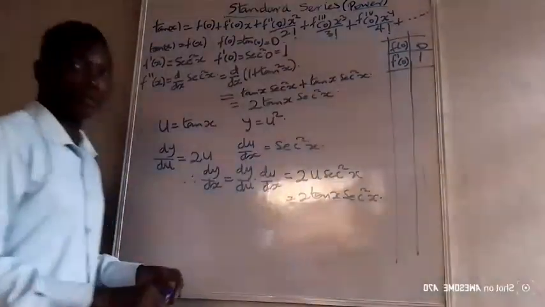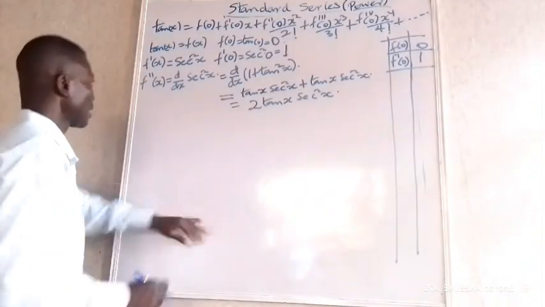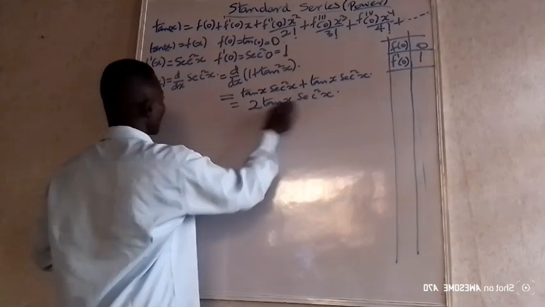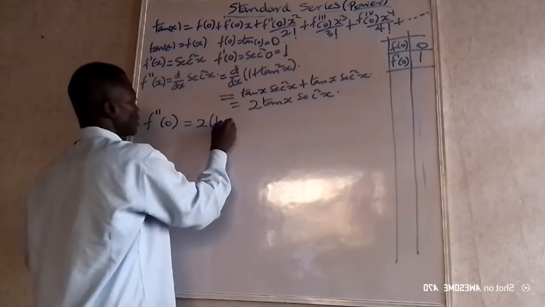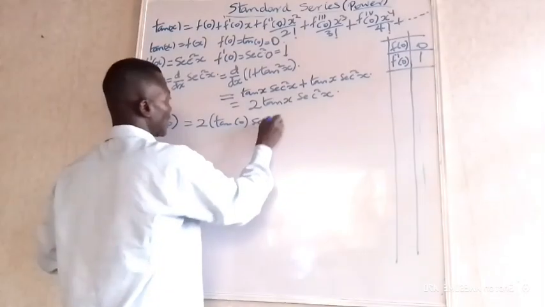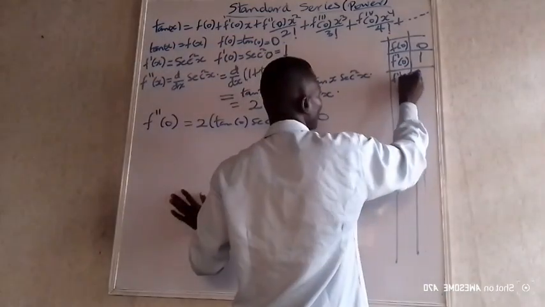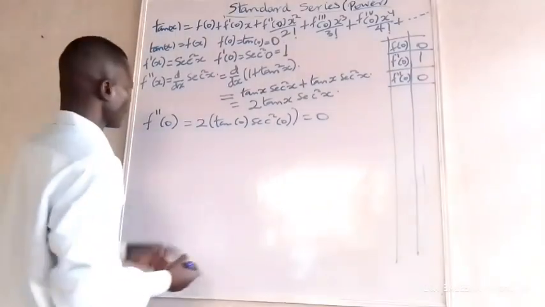So it makes the job very easy. So from now, you can easily use function of function. You can see that the major work in this series is differentiation. Now let me find f''(0). That will be 2 tan 0 sec square 0, and that is 0. So f'' is 0.